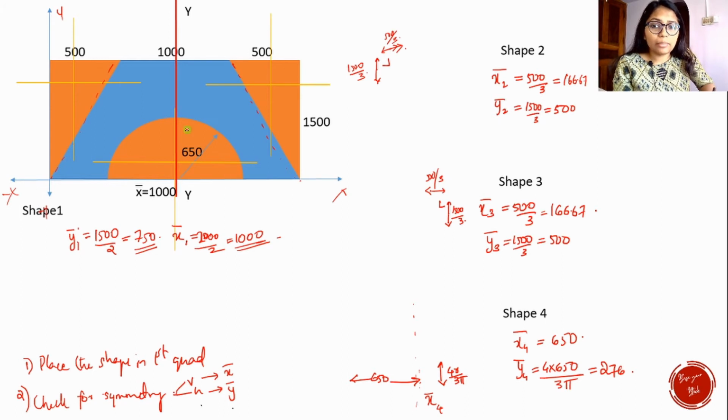And here comes a semicircle, and this horizontal axis says that somewhere here y4 bar is located, isn't it? 276. So we have to combine all these y coordinates and get one single y coordinate for the whole shape. Okay, so our task is to locate this axis.